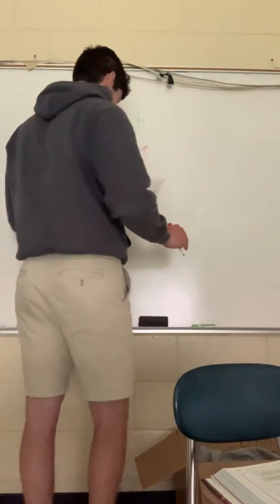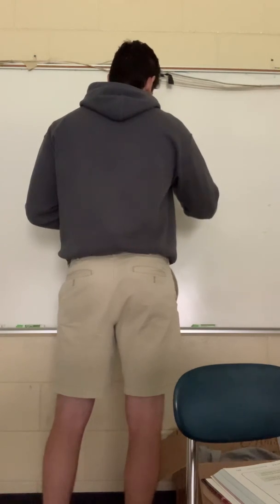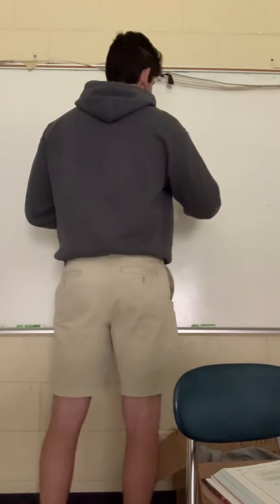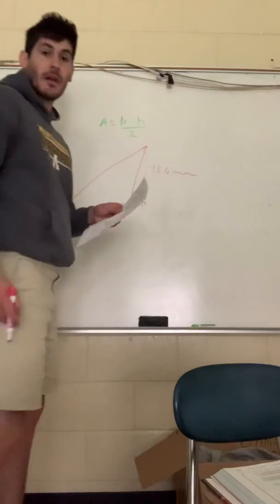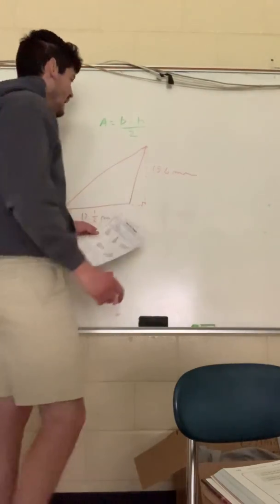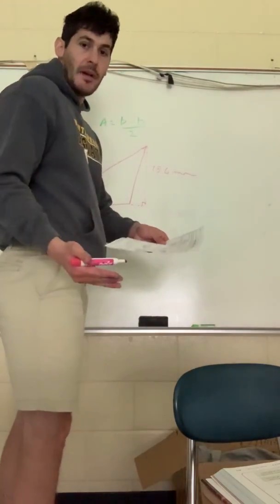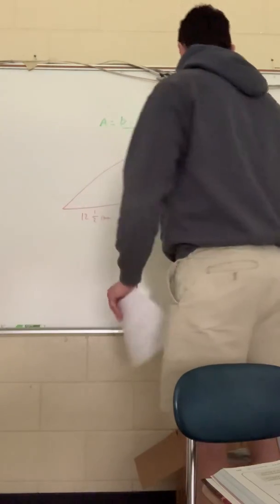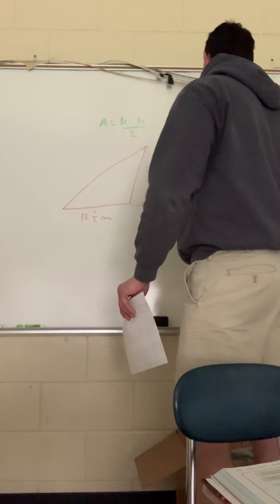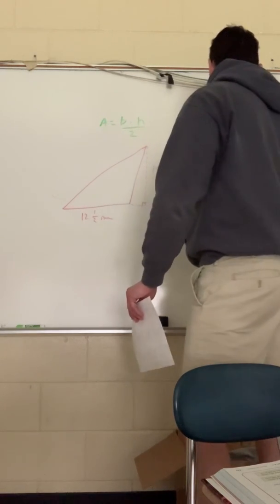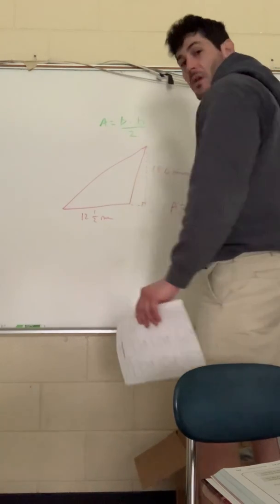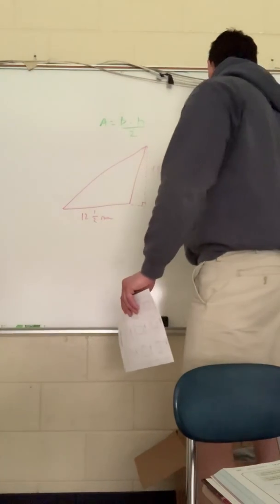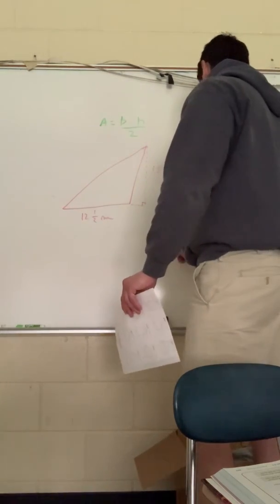And my height in this problem is 15.4 millimeters, okay? Again, base times height divided by 2, right? So we've got base 12.5 millimeters times my height, which is 15.4, divided by 2.